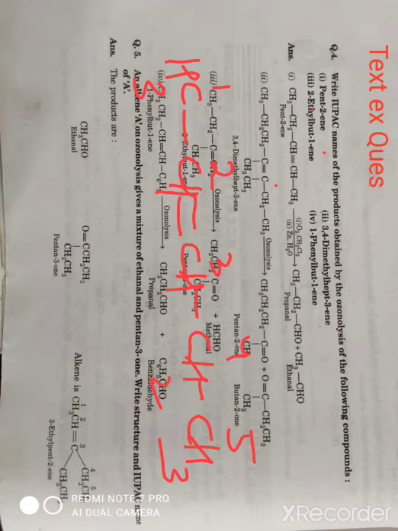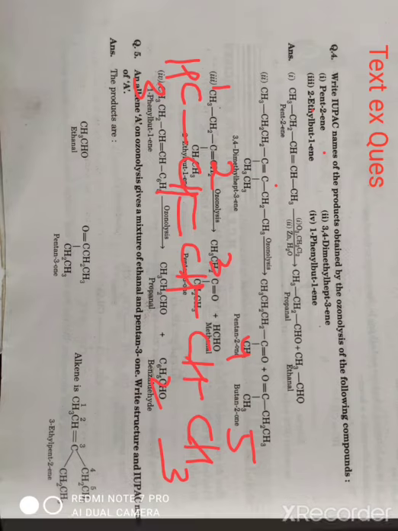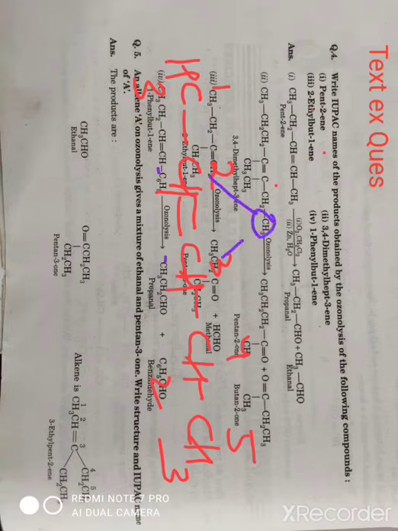Now for doing the ozonolysis, we have to select the focusing area. Which is the focusing area here? That is the double bonded carbon. We have to focus on these two double bonded carbons. With the reaction with ozone, there is a formation of ozonide, and I told you how to make ozonide.